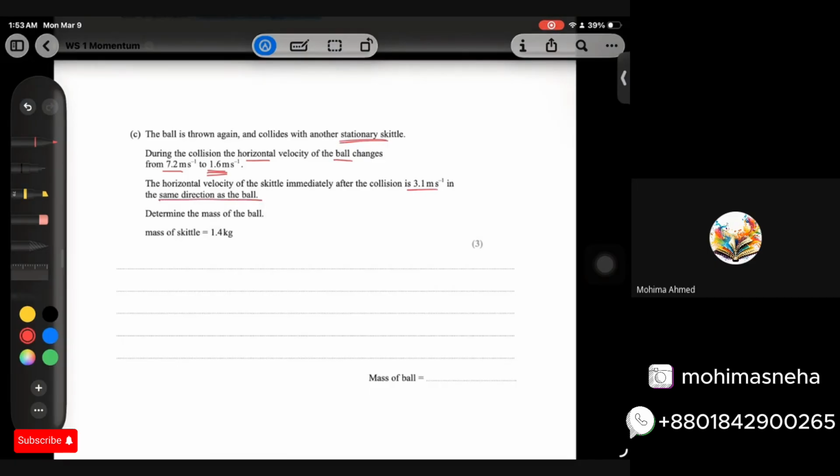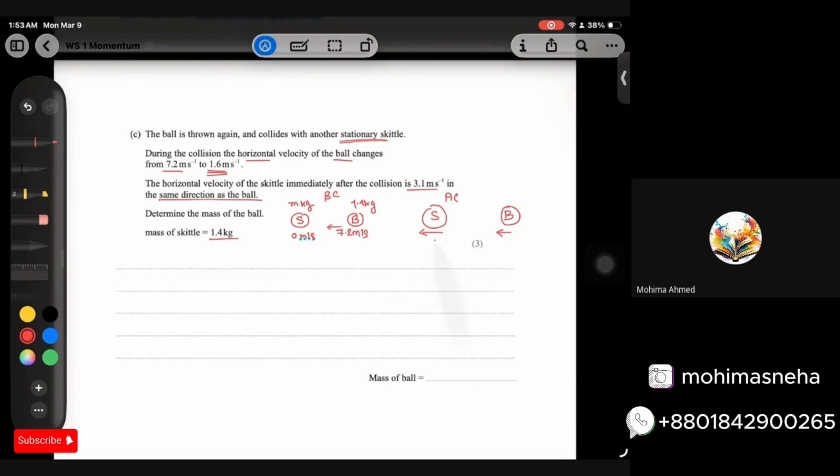Okay, we need to determine the mass of the ball. The mass of the skittle was given. This is the scenario. Before collision, this is the skittle, this is the ball. This one was moving at a velocity of 7.2 in this direction with a mass of 1.4 kg. This one has a mass of m kg and was at zero velocity. After collision, the skittle and the ball are now moving in this direction.